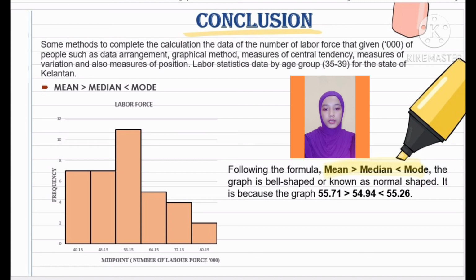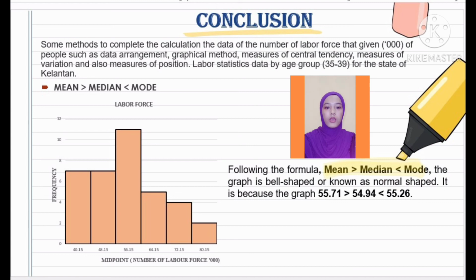Based on our data, the shape of the distribution is normal shape. This is because we get mean bigger than median, smaller than mode. Following the formula, mean is bigger than median and smaller than mode.